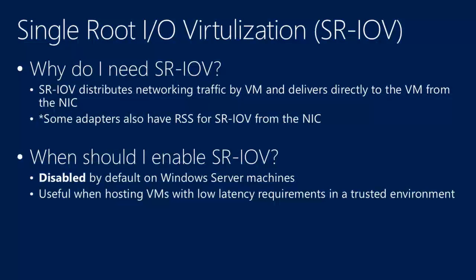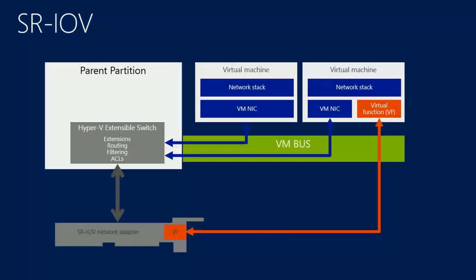this is something that they could use. Let me jump to the figure, because the figure is kind of interesting here, in that from the network adapter, you completely bypass the vSwitch and the parent partition, and all the traffic is directed right to the virtual machine by this virtual function, or VF, that we use. One of the problems with this is that a lot of your policies are set by the vSwitch.